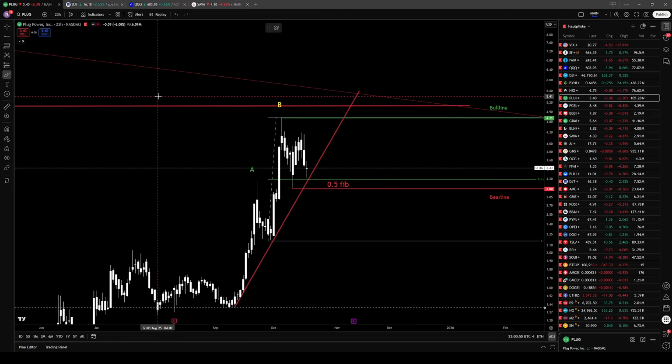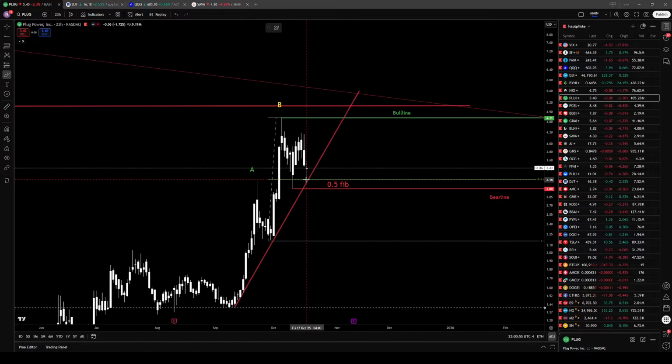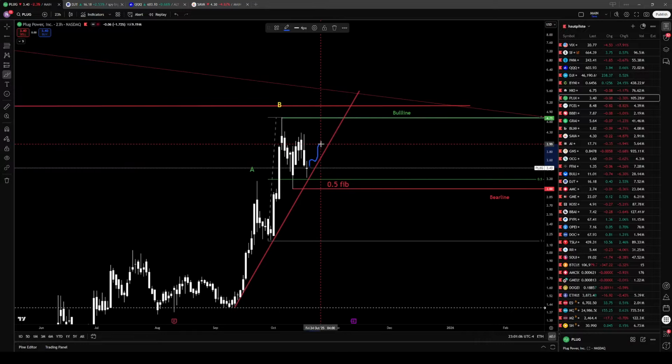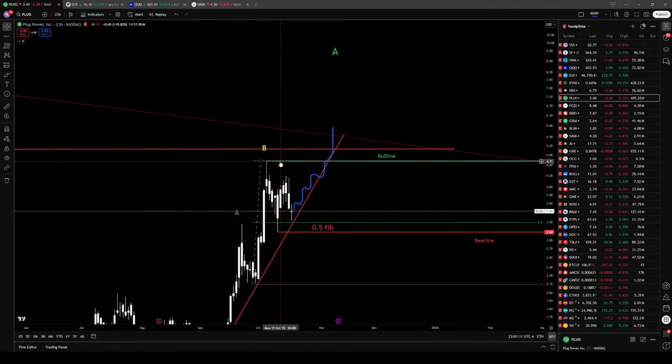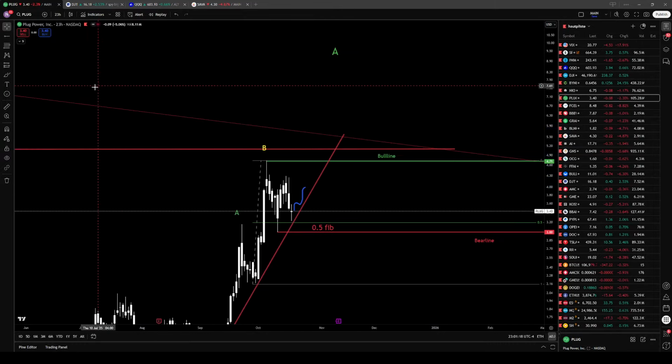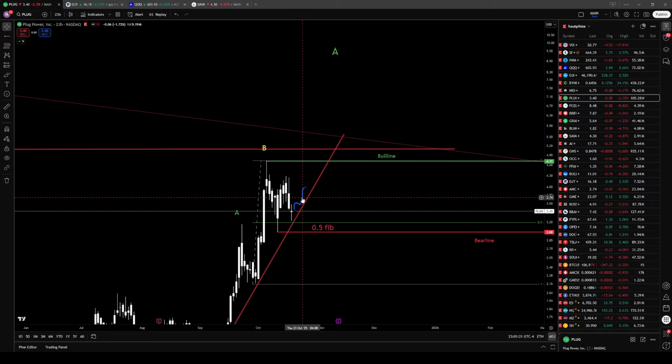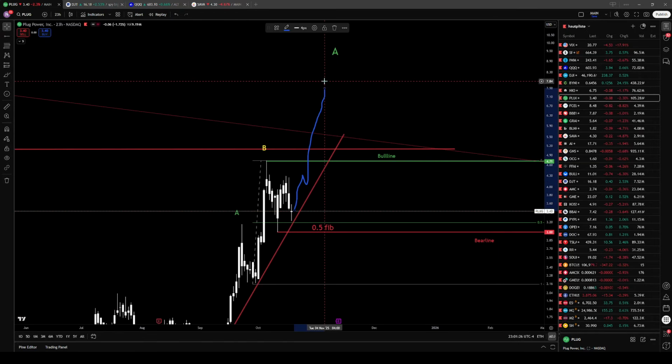I would imagine for the bullish tracking, you won't see lower than $3. And you will just, for the first one, climb up this trend line. If you break the bull line at 4.71, perfect, we go to A. Or you just see the big move and you go to the A peak.